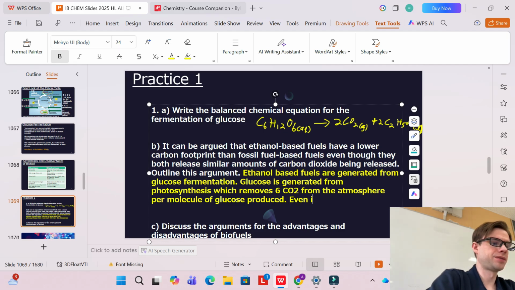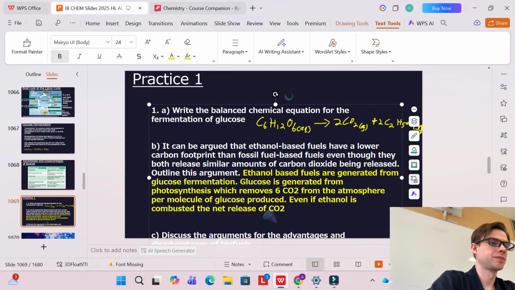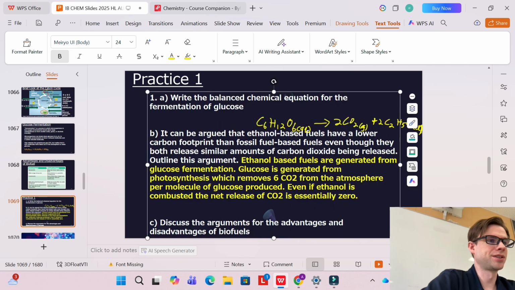So even if ethanol is combusted, the net release, so the resulting release of CO2 is essentially zero. That's the argument.